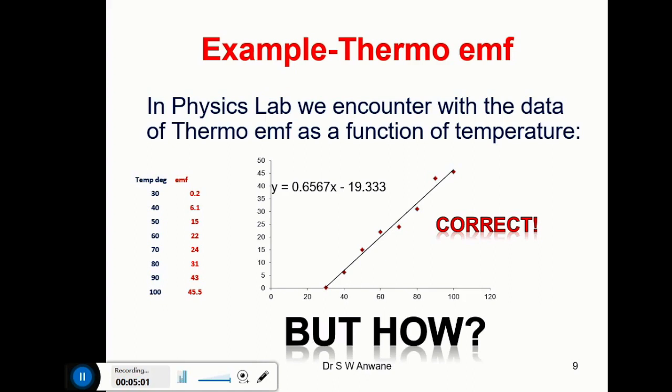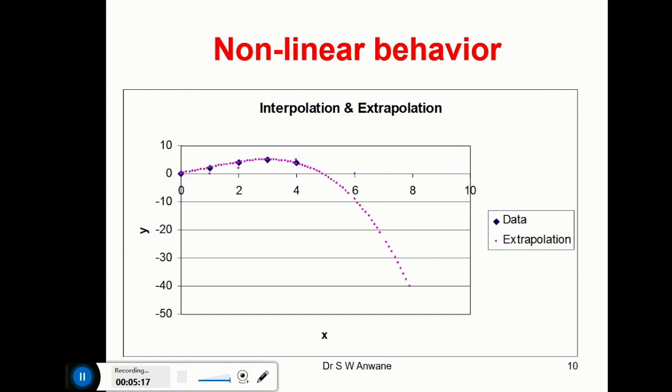We shall now be interested in how to find the equation of a line which is the best fit for the given data points. This is called linear least square fitting. Sometimes the data points are not linear, so you may not try a straight line equation for that. Rather, you should try some polynomial equation which best fits the data. And if you can do that, then you can predict things more accurately.